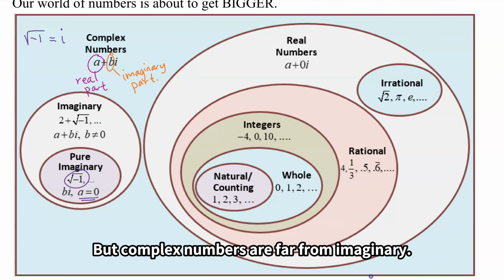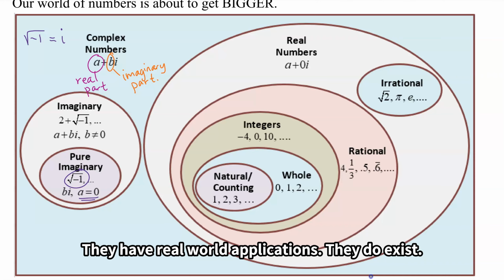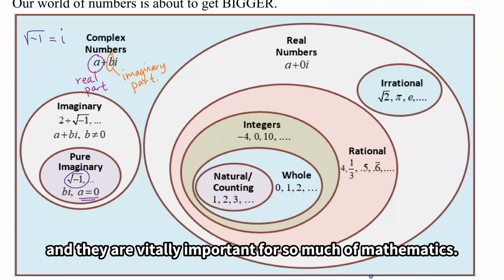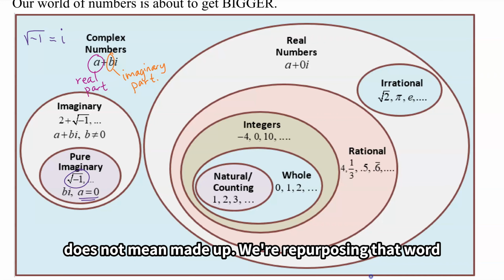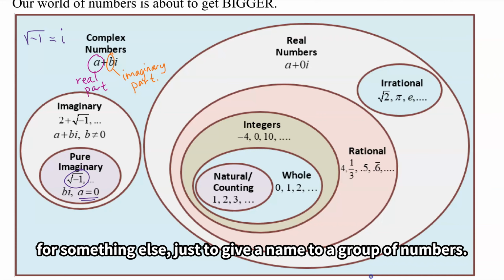But complex numbers are far from imaginary. They have real-world applications. They do exist. And they are vitally important for so much of mathematics. So the idea of imaginary in math does not mean made up. We're repurposing that word for something else, just to give a name to a group of numbers.